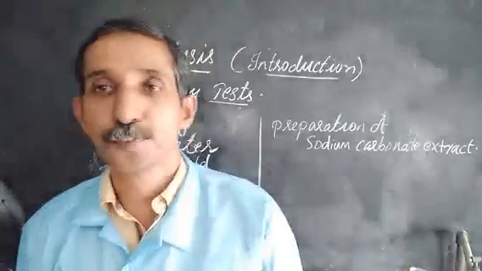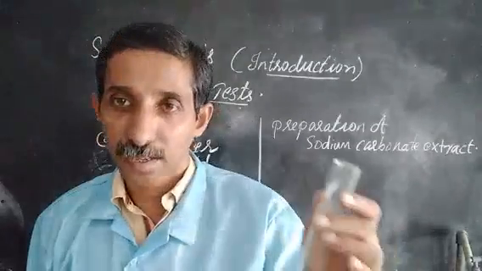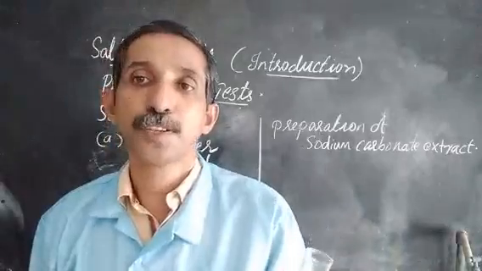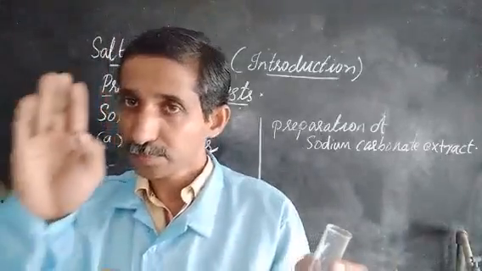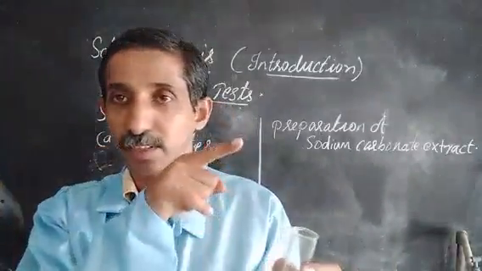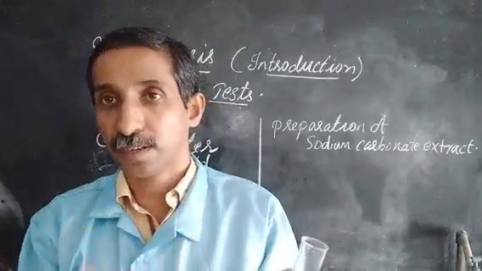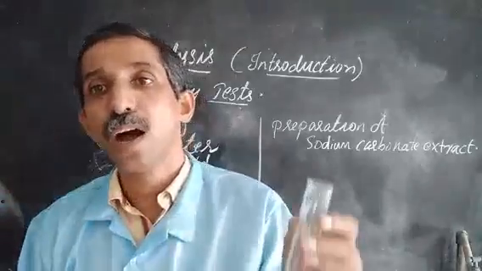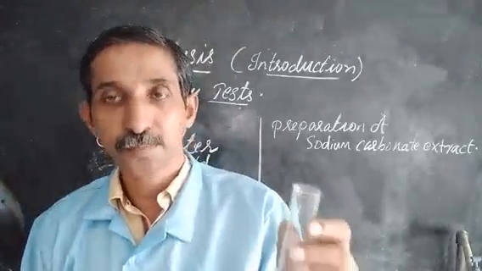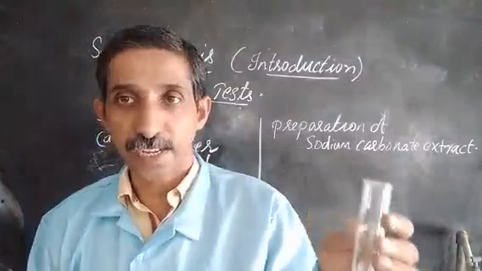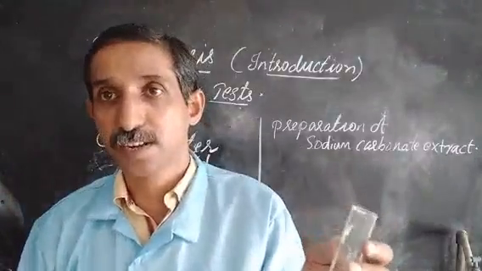That is because of the formation of ammonium chloride. Ammonia combines with the HCl gas which is evolved and will give you ammonium chloride. So that is again indicative of the presence of chloride, further confirmed.